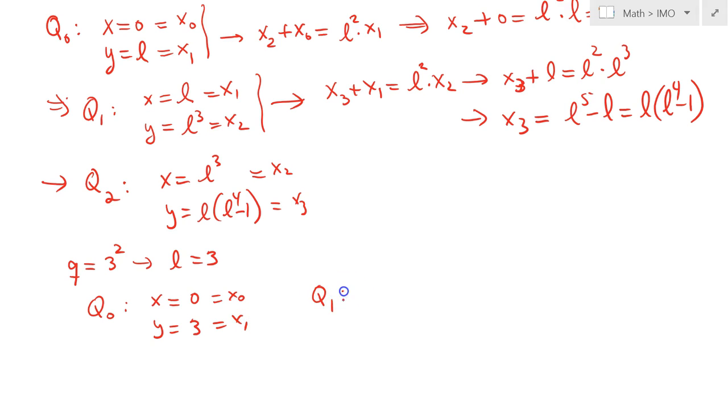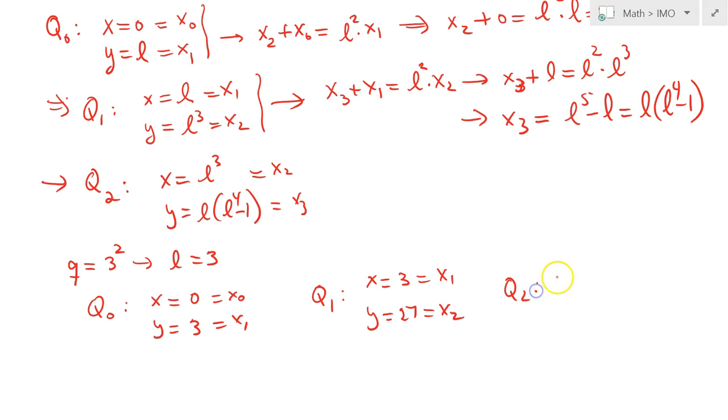Then q1 would come out as x equals 3 and y equals, if you do the algebra, L cubed, which is 27. So this is x1 and this is x2.